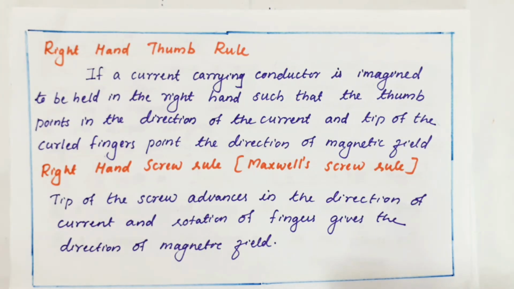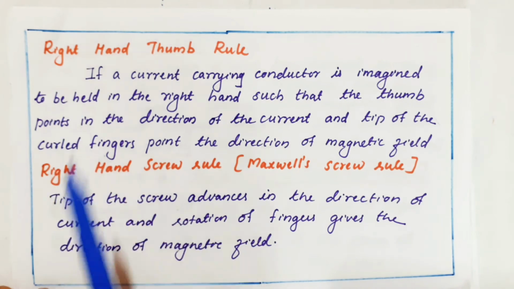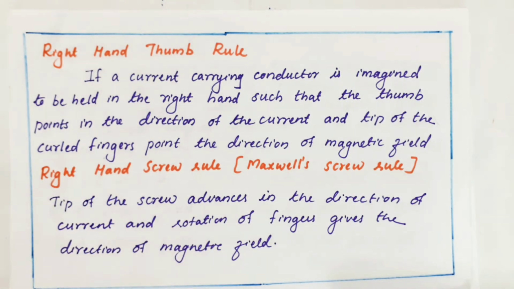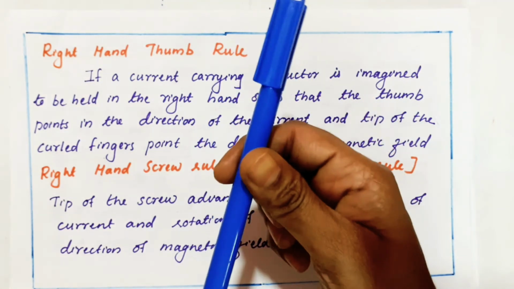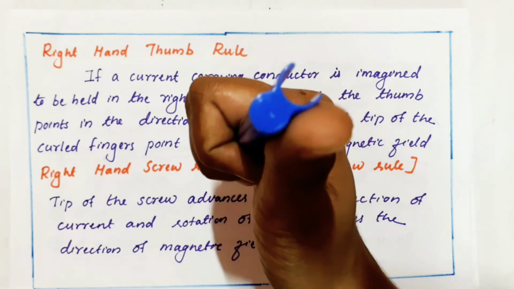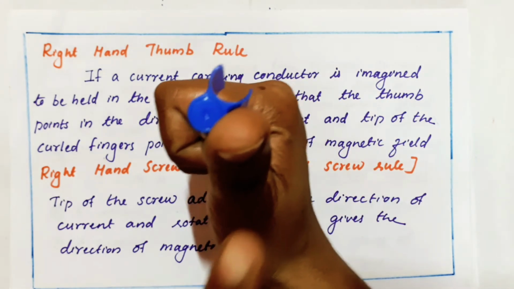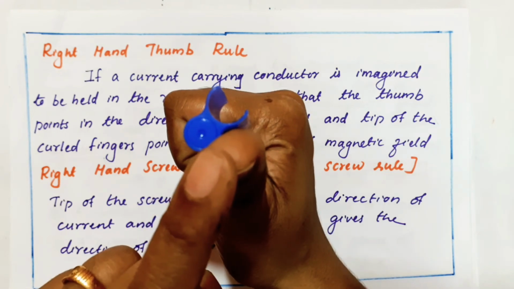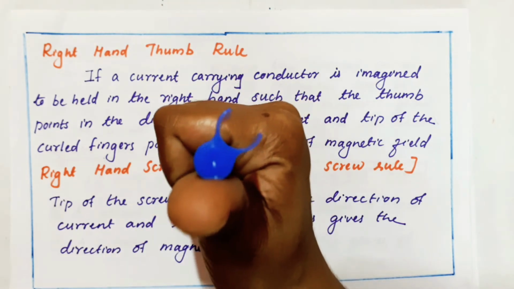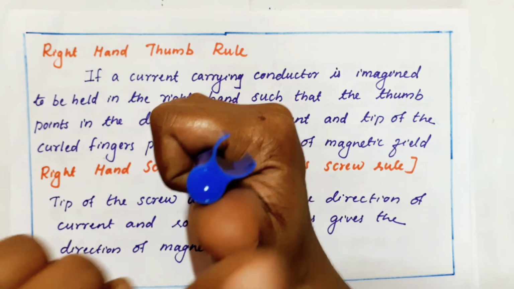First, I am telling about two important rules in this chapter. The first rule is called the right hand thumb rule. Right hand thumb rule means: assume a current carrying conductor. Hold your current carrying conductor in your right hand, like this. This is my thumb, right? The thumb is pointing in the direction of current. Here the current is flowing up.